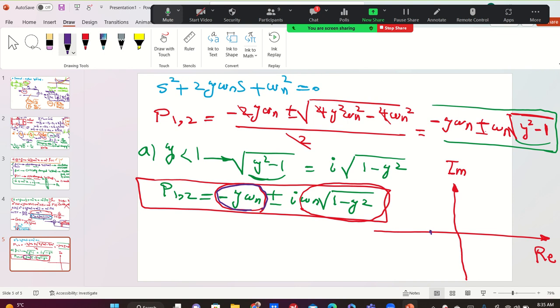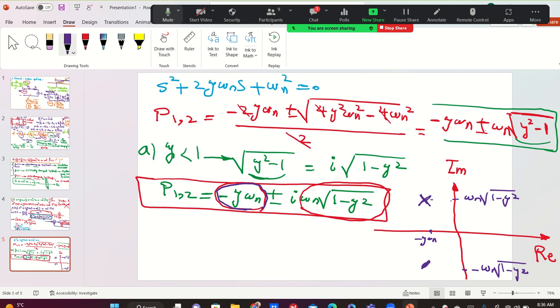And plus and minus this, suppose that one of them is here. Another, suppose that here is omega n times the square root of 1 minus zeta squared, and here is minus omega n times the square root of 1 minus zeta squared. So the poles are going to be located here. These are the poles of the system.